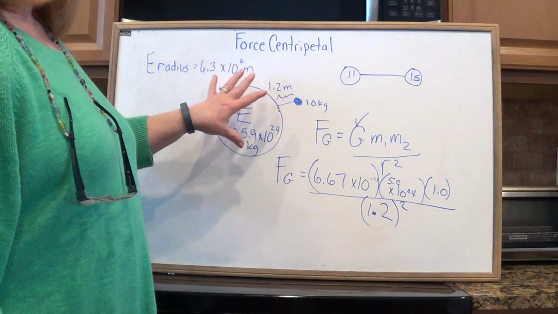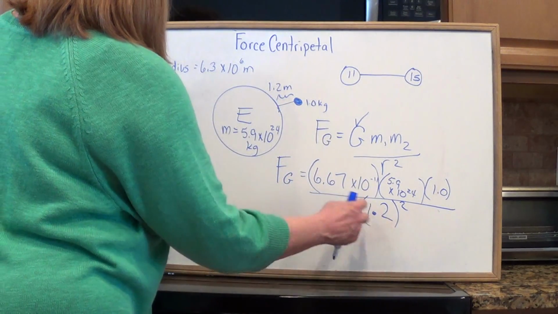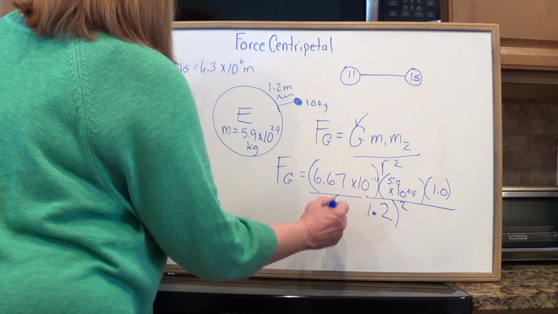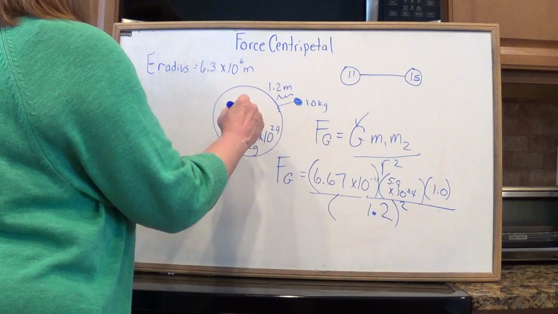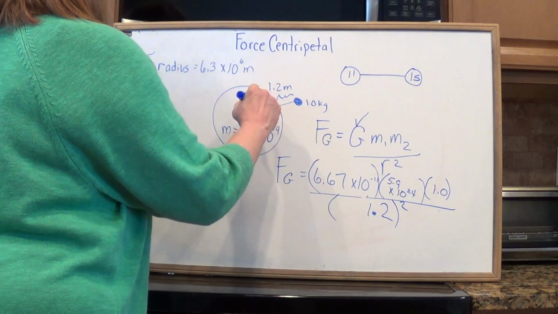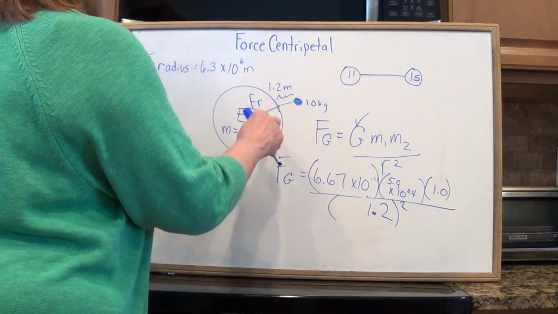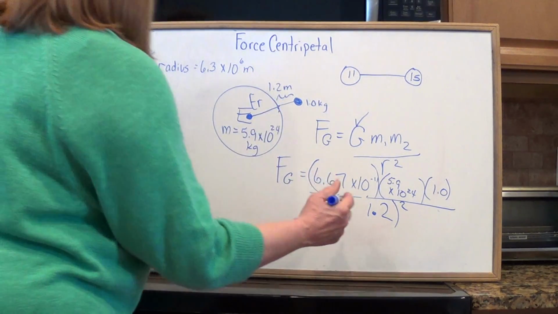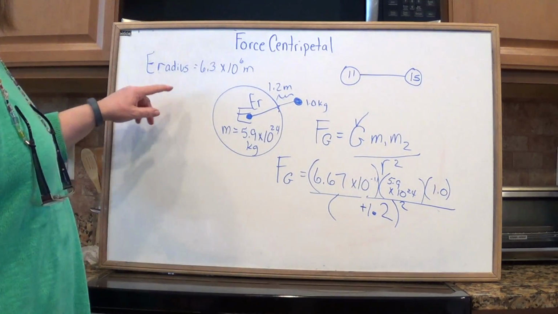But when we're using an object as big as the Earth, we are going to have to change this and include the radius of the Earth. So we're going to have to go from the center of the Earth to the surface of the Earth, which is just the radius of the Earth, and then add the 1.2, which is how far the object is in addition away from the surface.